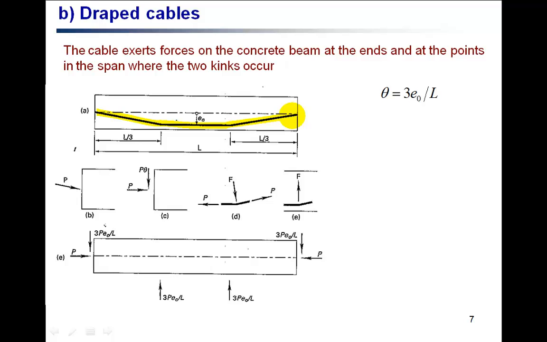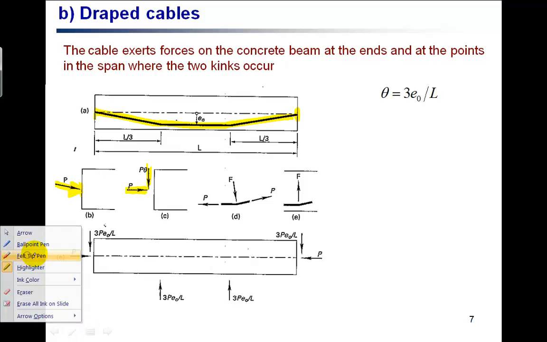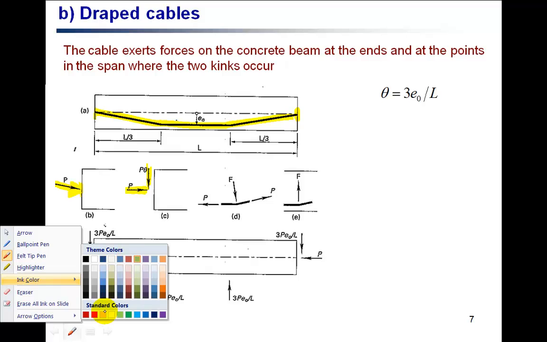First, the force will be transferred to the concrete at the anchors here, and as I said, it can be resolved into horizontal and vertical components. The force will be transferred at this point as well, and also the forces will be transferred to the concrete at the kinks.